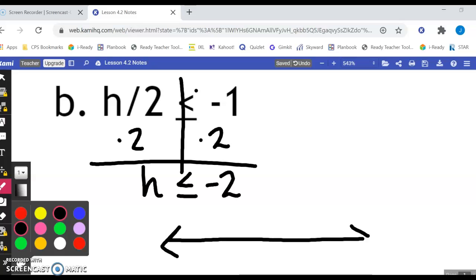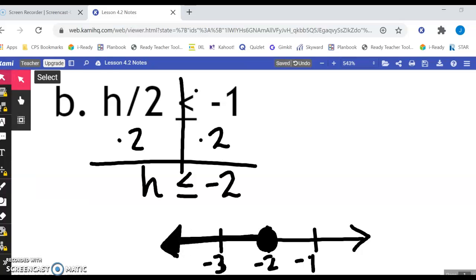So again, I just put 3 tick marks, the answer in the middle. So circle at our answer. This is equal to, that inequality symbol is underlined, so we are going to fill in the circle. And h is less than or equal to -2, so less than gets shaded to the left.